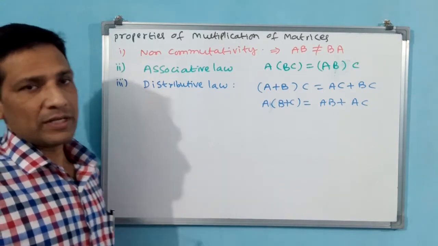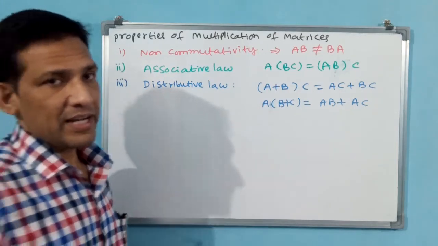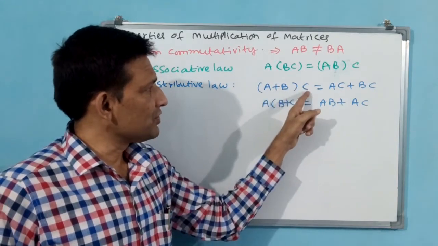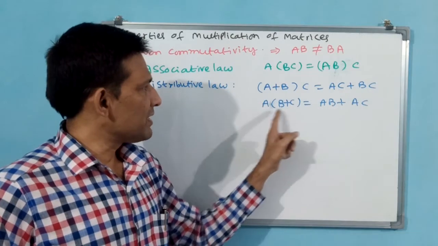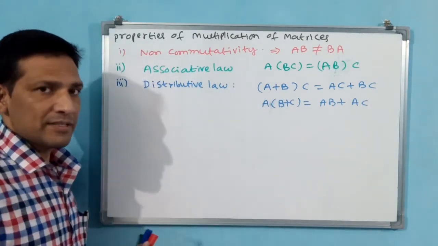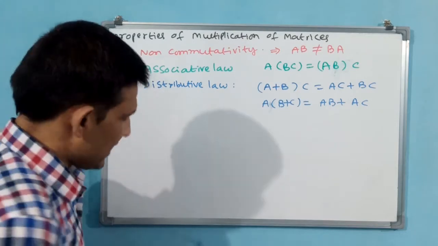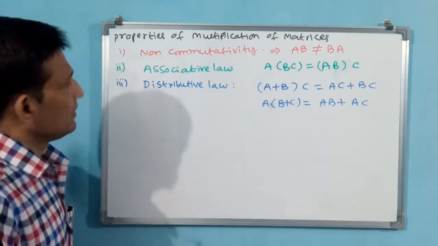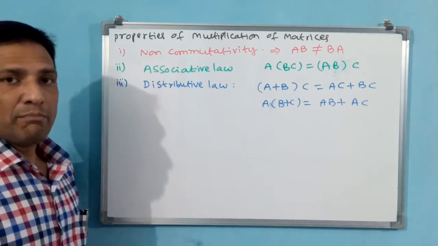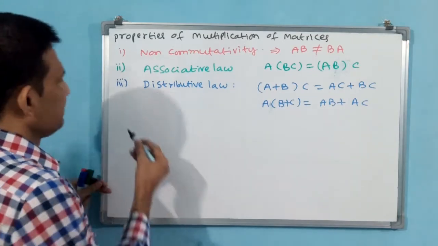Now you understand, order is very important, again and again I am telling. (A plus B) of C means AC plus BC, and A(B plus C) means AB plus AC. It should be matched. You should not reverse it; if you reverse, then it is not valid. Now we will see multiplicative identity.